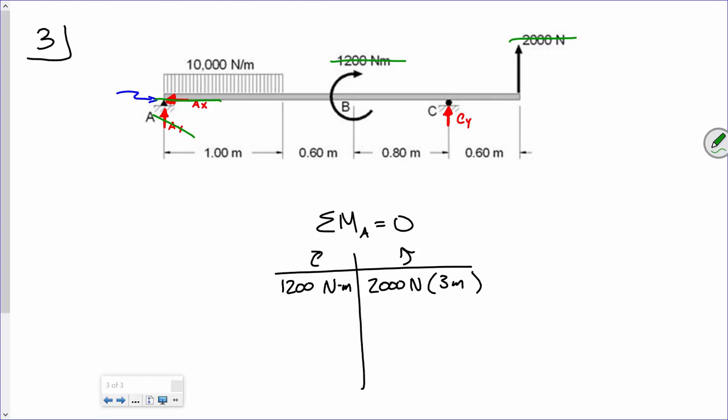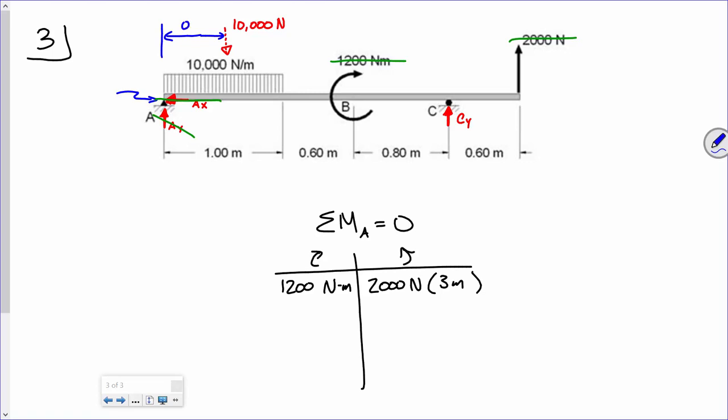Now this next one, distributed load, 10,000 newtons per meter acting over a distance of 1 meter. What we've got to do, if you remember, is collapse that into a single point load. 10,000 newtons per meter acting over a distance of 1 meter, that's 10,000 newtons. Now, how far is that from here to here?